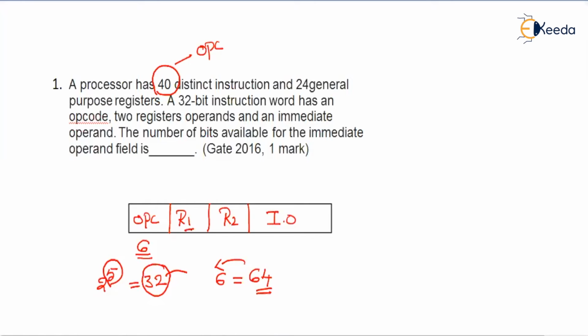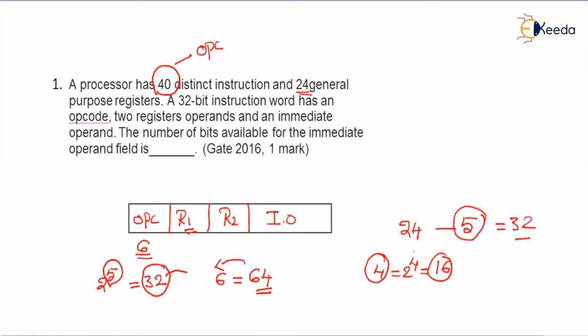Now R1. Here I need a sufficient number of bits to represent the total number of registers in the system, which is 24. To represent 24 registers, I require 5 bits, because if I use 4 bits, 2 power 4 is equal to 16, so 4 bits can represent only 16 registers, but 5 bits can represent 32 registers.